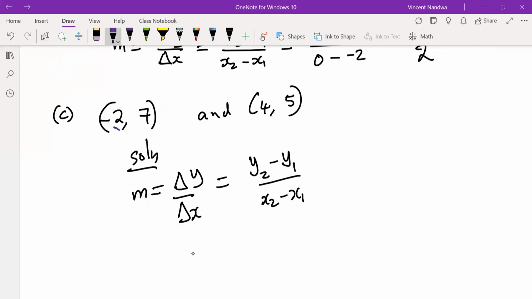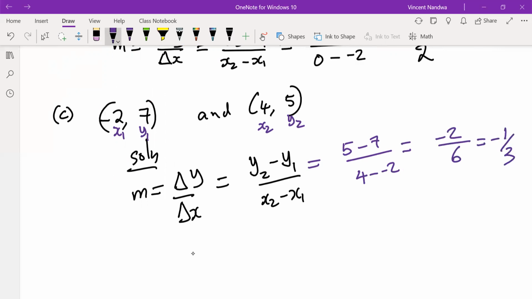And then call this one x1, y1, x2, y2. So we'll have 5 minus 7 over 4 minus 2, which is minus 2 over 2, which is minus 1.